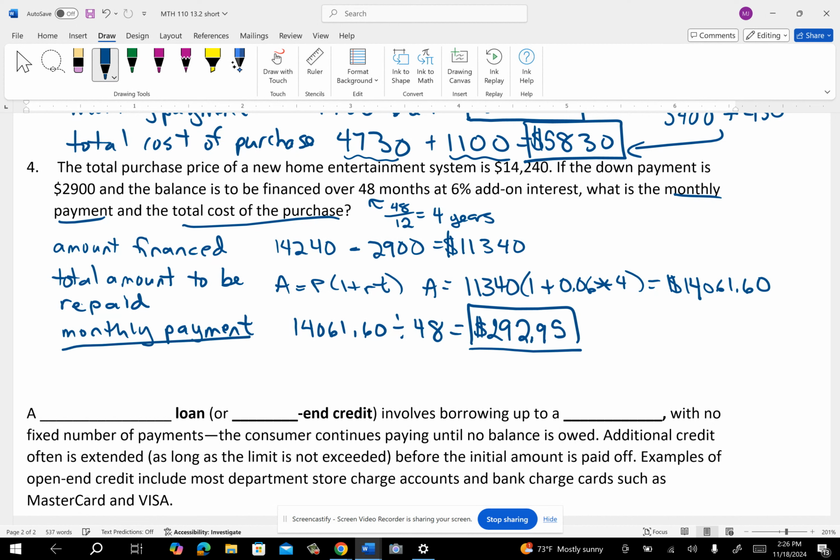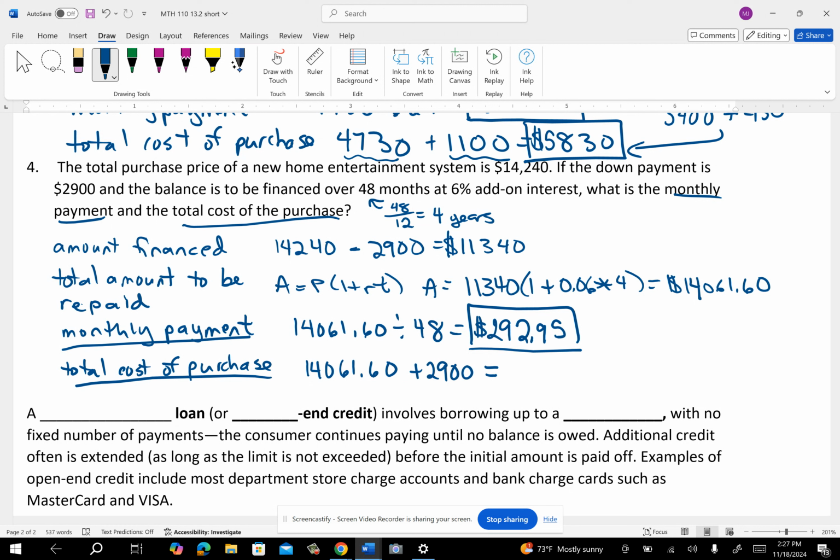Okay. Other thing they wanted was the total cost of the purchase. Okay. All right, so I have options. One thing I could do is take the total amount I repaid and add to that the $2,900 that I paid already as a down payment.